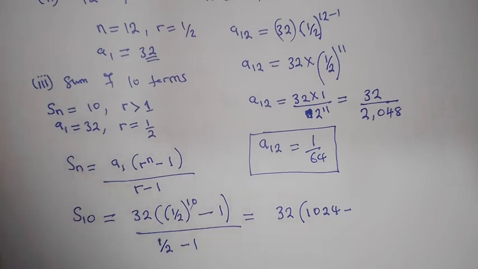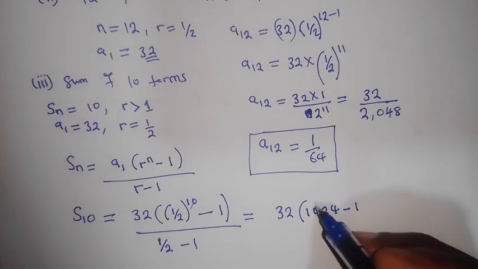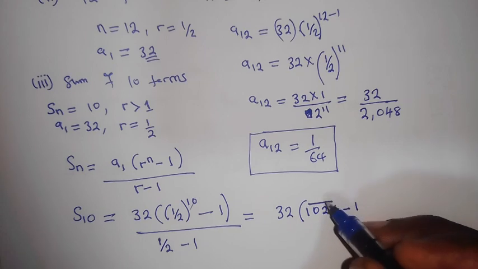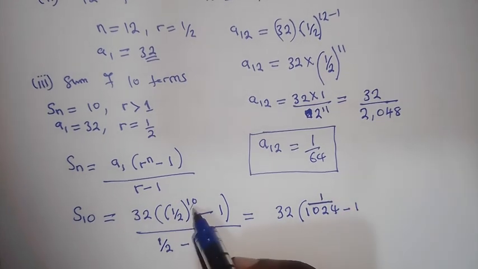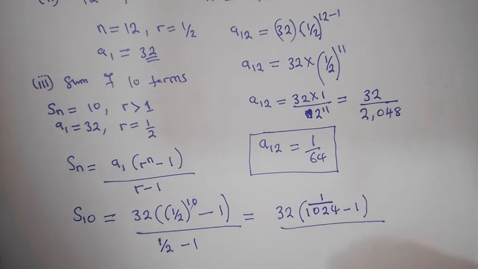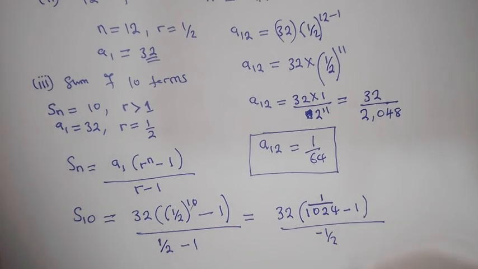You're going to have minus 1, over negative half.